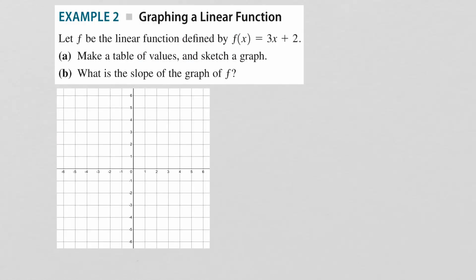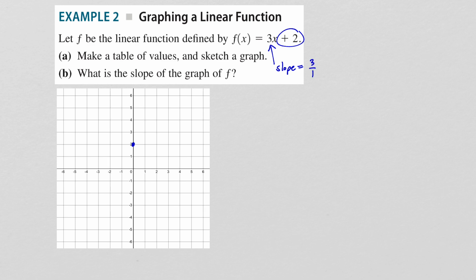Graphing linear functions is something that we already know how to do. So let f be the linear function defined by f of x equals 3x plus 2. To graph this, we don't even need to make a table. We know that the y-intercept is 2. That means it hits the y-axis at 2. And the slope is equal to 3.